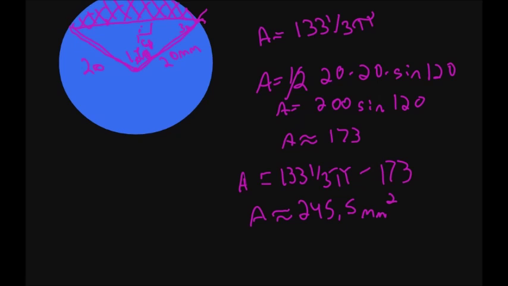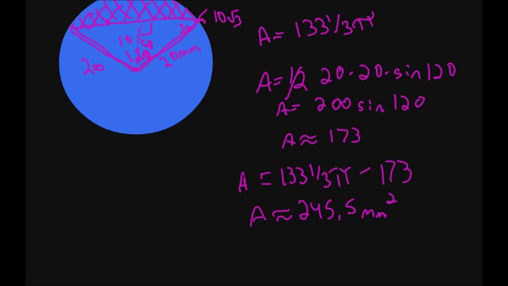And our hypotenuse is 20. So that means the height is going to be 10, and our base is going to be 10 square roots of 3, if you remember the properties of a 30, 60, 90 triangle.